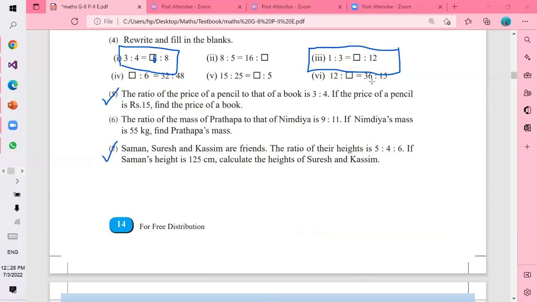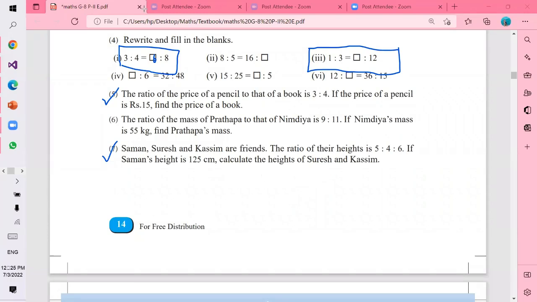Okay, so Viara, the question is, oh, somebody else is joining. Okay, we'll admit. So Viara, this question goes for you. Saman, Suresh, and Kasim are friends. The ratio of their heights is 5 to 4 to 6. If Saman's height is 120 centimeters, calculate the heights of Suresh and Kasim.